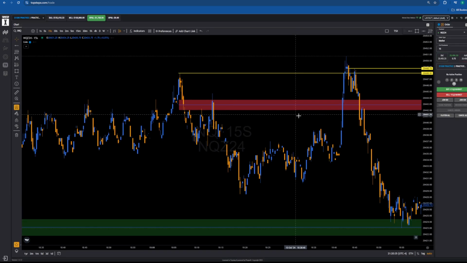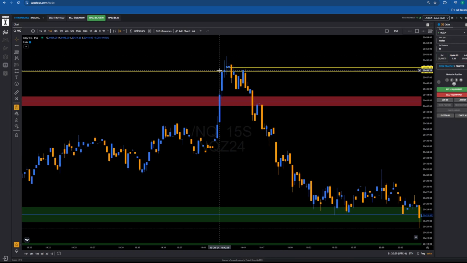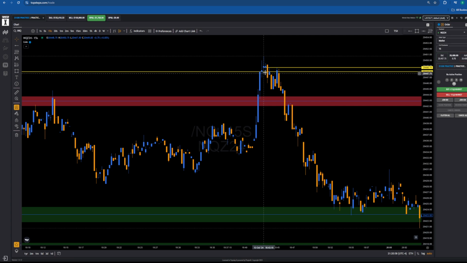This rejection block on the 15-second chart was pretty interesting to me, to see this happening. Like ICT always says, algorithms basically remember certain points, and this was a very good example of order blocks, bearish order blocks, giving you a really good entry.